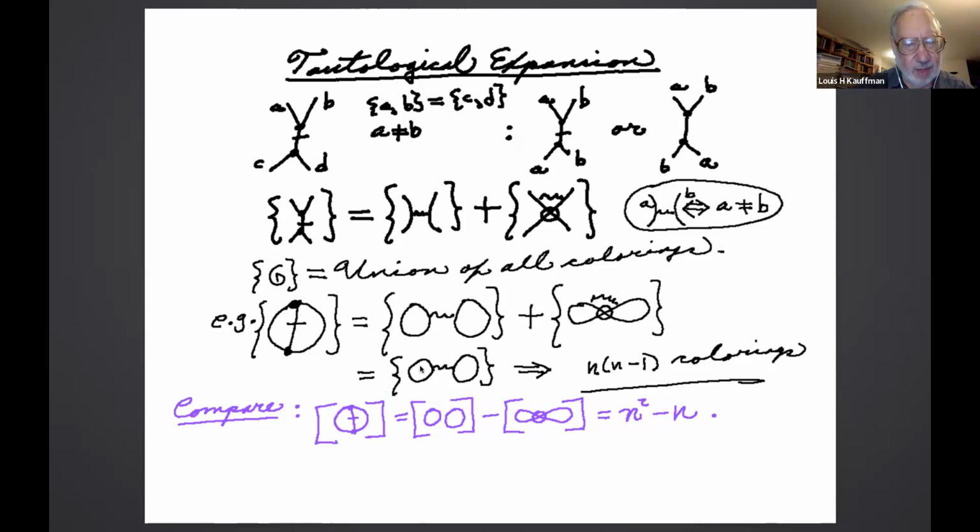But the number of colorings of 2 loops that are different is n times n minus 1, and that's the number of colorings of this. Okay, that's just like before in this case. And you can compare this with the Penrose type expansion, which counts it correctly in a different way, right? 2 loops minus the single loop, but now we count n squared minus n. We get n times n minus 1 again.